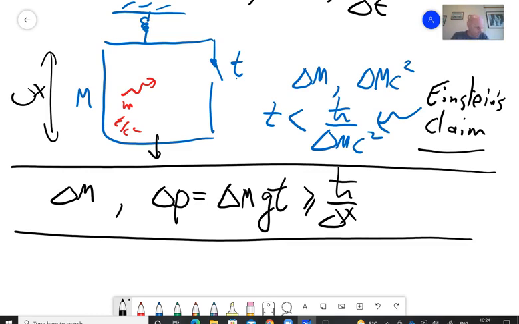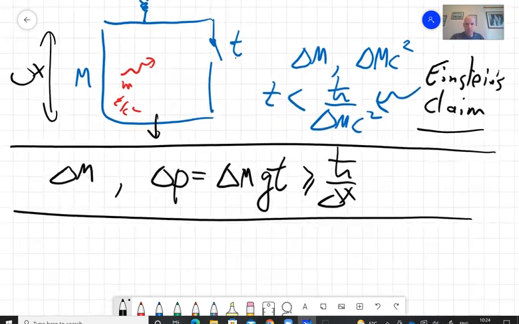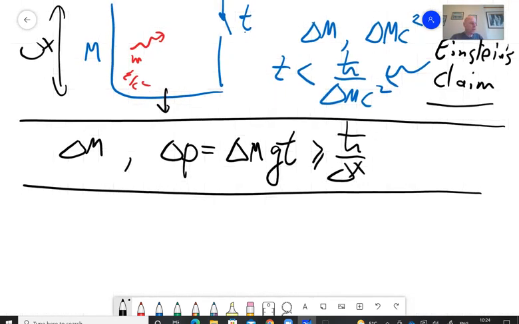So let's see how it works. Let's see what is the uncertainty in the potential energy per unit mass in this story.